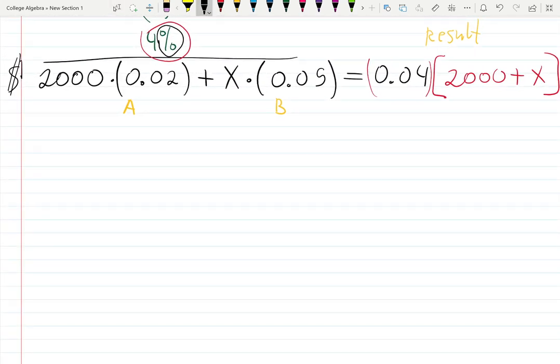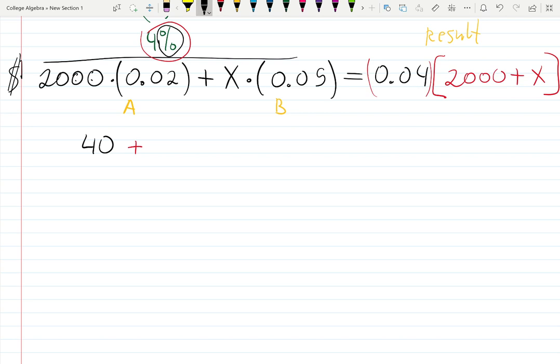Let's distribute everything. $2,000 times 0.02 is just 40. Check your calculator, or just do 2 times 2 is 4, and then move 3 zeros to the right. It's gonna be like this: 1, 2, 3. So that's 20, but times 2, 40.